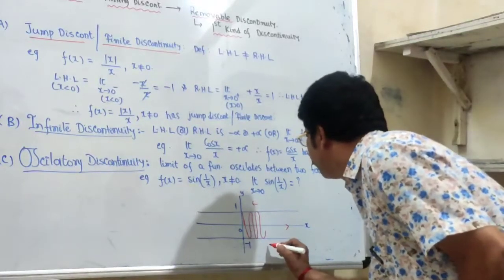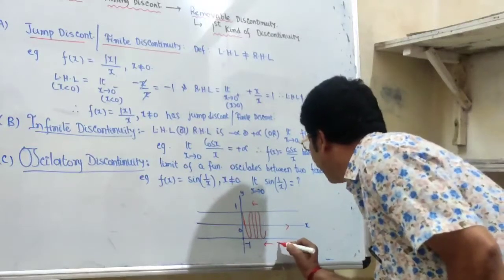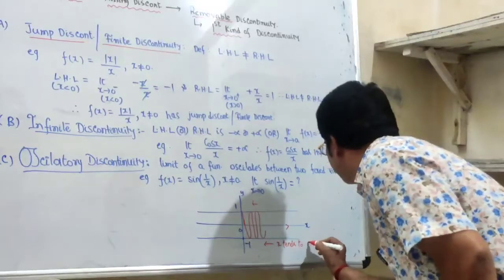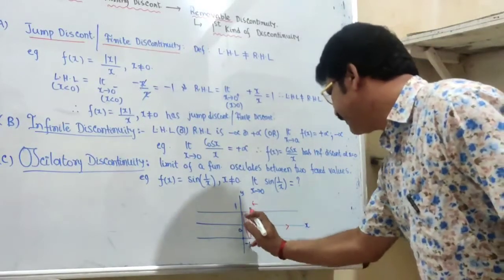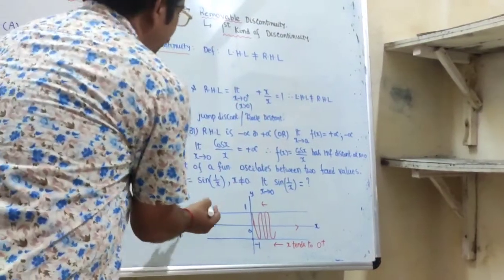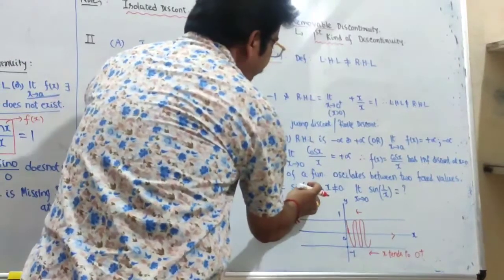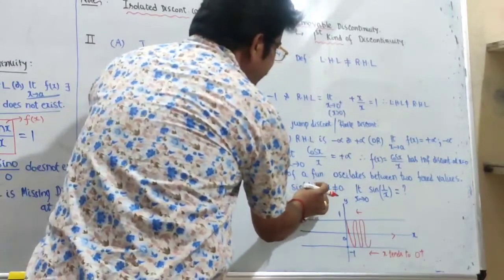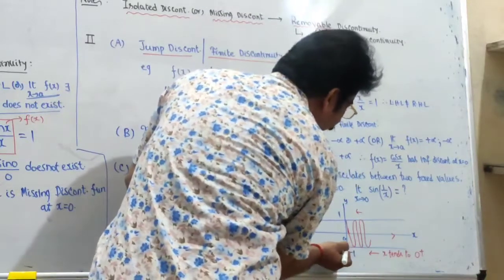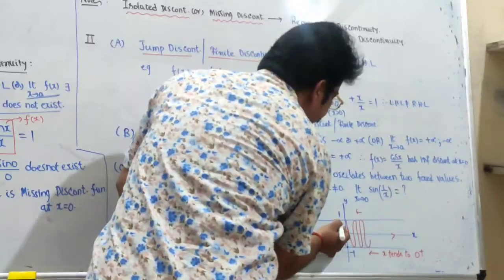On the left side, 1 by -0 means minus infinity. So the graph will be minus infinity, like that.